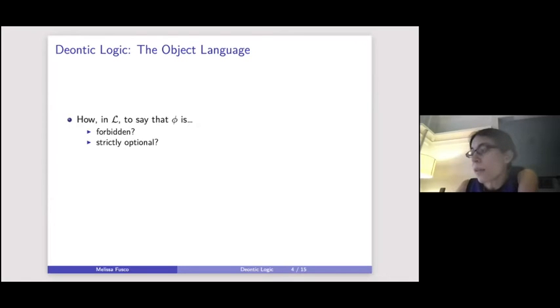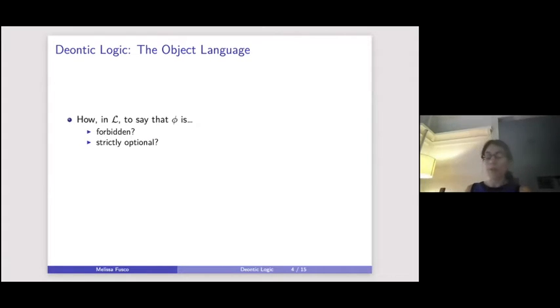So let's think about the expressive power of the language. It's taken for granted in a way that this language captures obligation and permission, obligation via this primitive operator O that works like a box in the modal language, and then by duality we have permission, or may. But how in this language would you say that phi is forbidden or strictly optional?